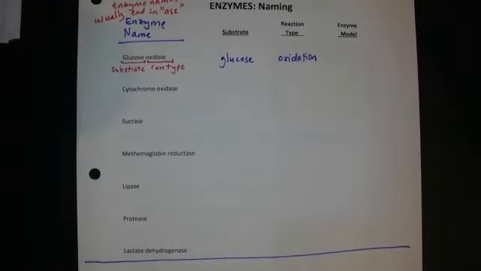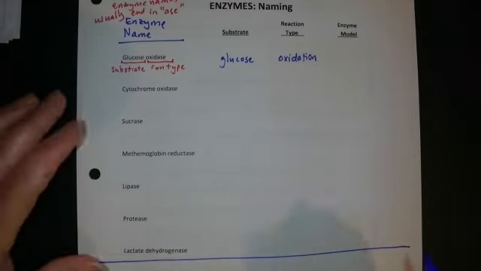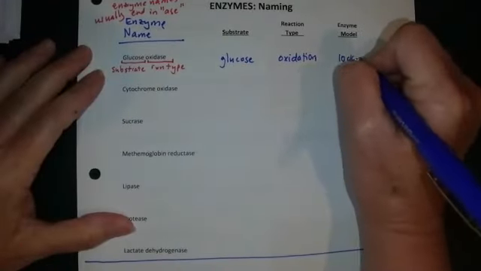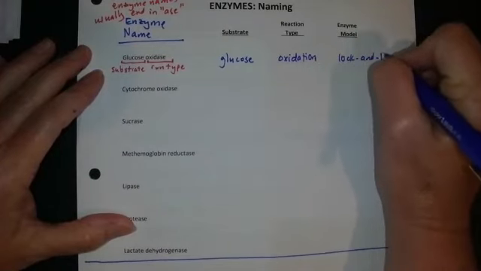So in the context of the naming, what that means is if the substrate is a specific molecule, not a category of molecule or a general classification, but a very specific molecule, then that is specific. And so that's glucose, right? Glucose is not a category, it's a specific molecule. And specific then indicates that that enzyme will follow the lock and key model of enzyme function.